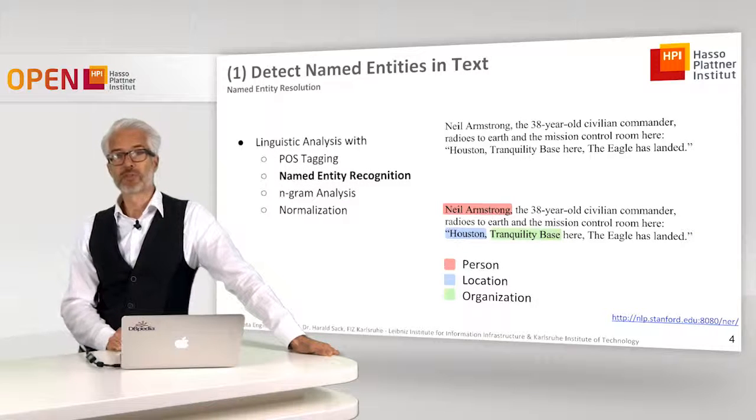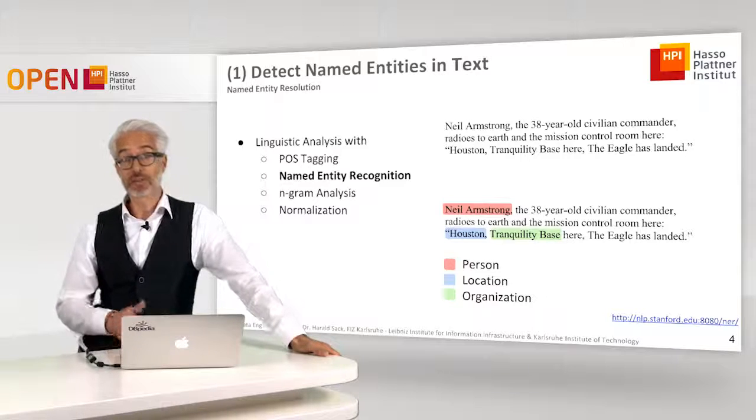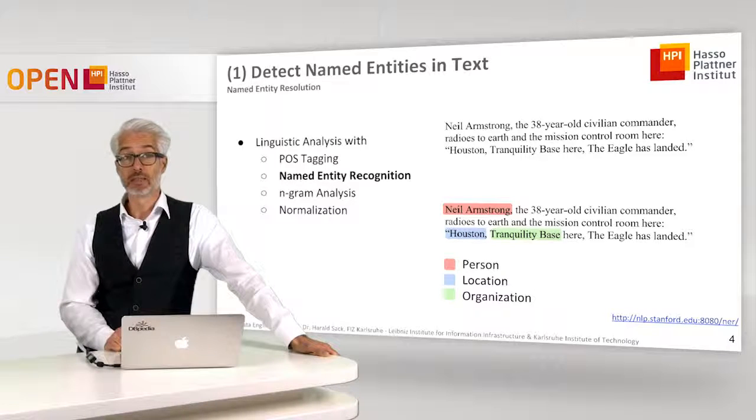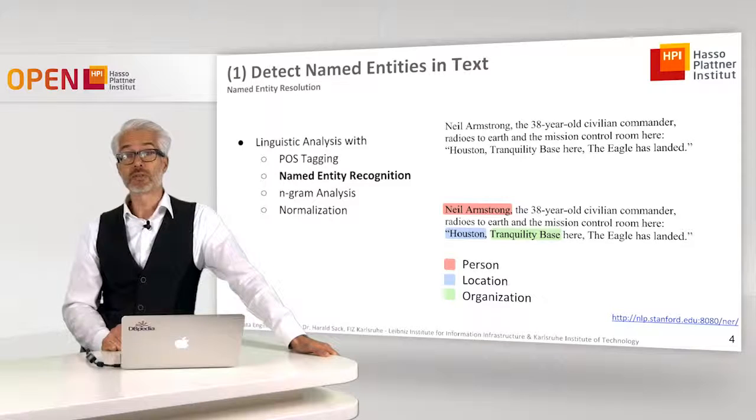For a further filtering process, you can also apply named entity recognition. This is also a technique which has been around for quite a while in natural language processing. I have again provided a link for you to try out.